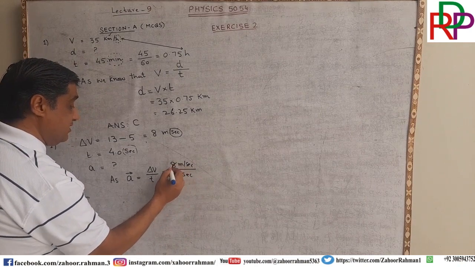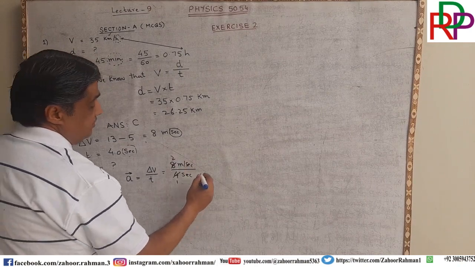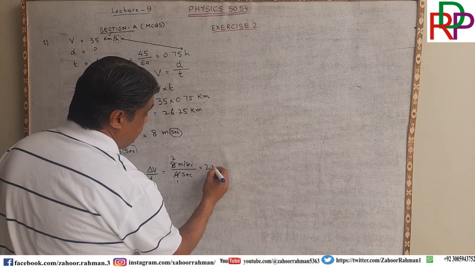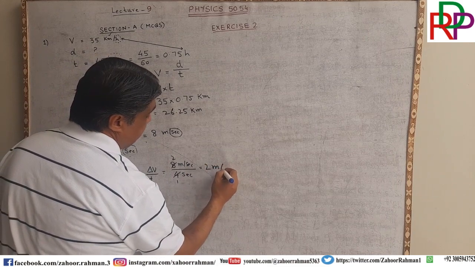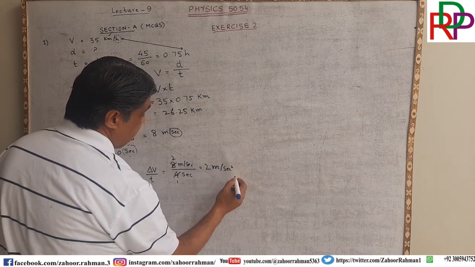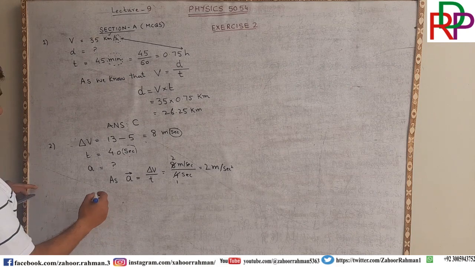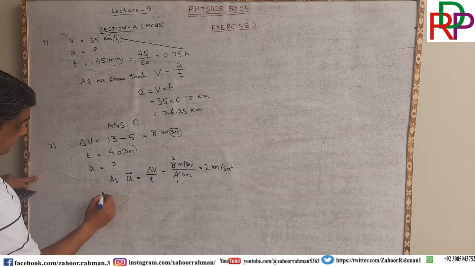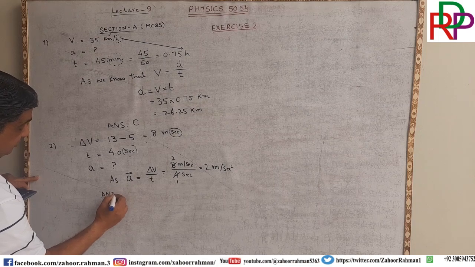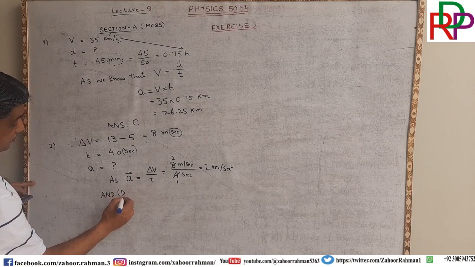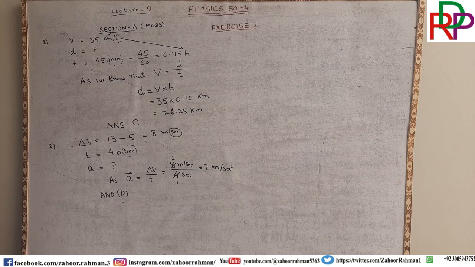So it means 2 meter per second square, and that is the D part. 2 meter per second square means the answer is D, and that is given to you in the four choices.